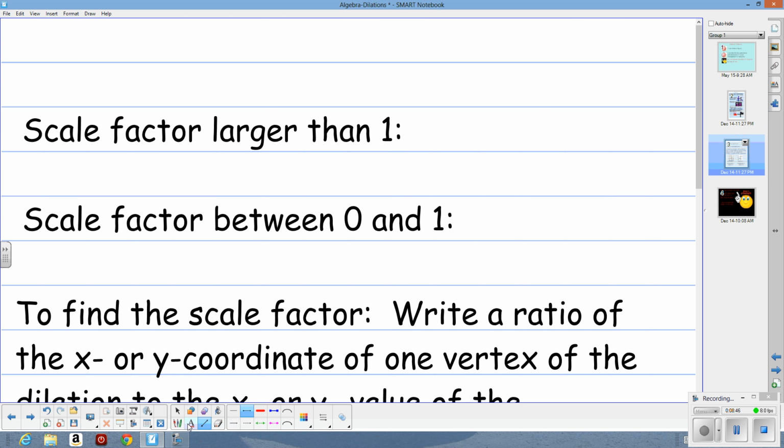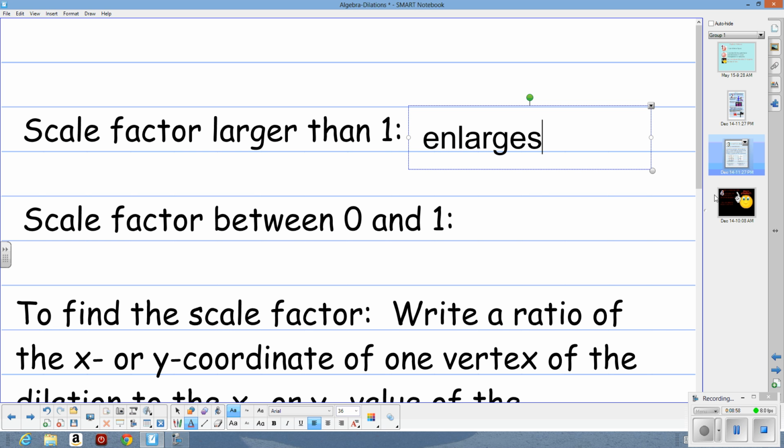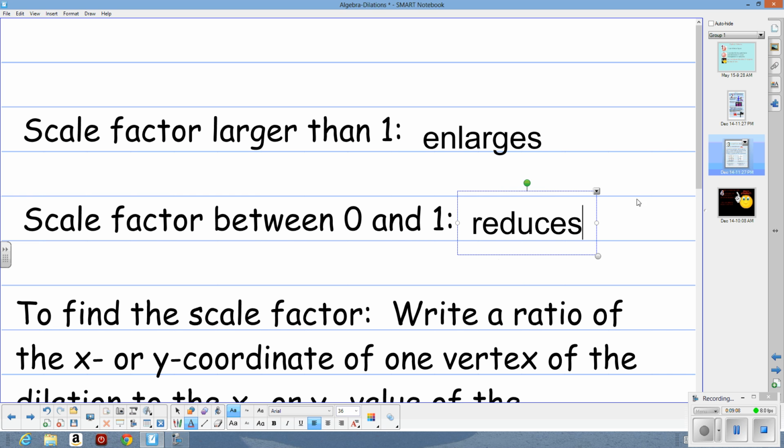If you have a scale factor that's larger than 1, it enlarges the size. If you have a scale factor that's between 0 and 1, it's going to be a reduction, or reduces the size.